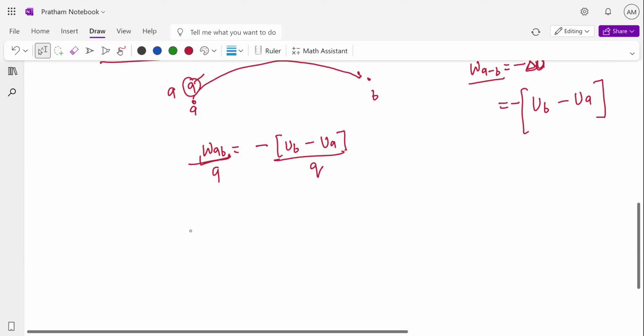So it becomes W_AB divided by q equals minus U_B by q minus U_A by q.